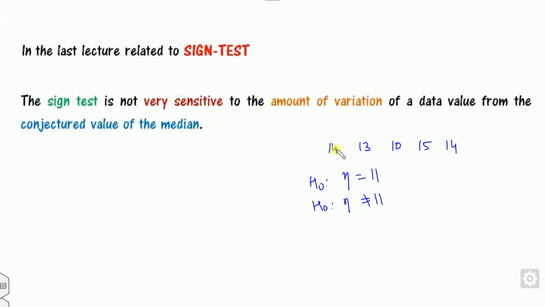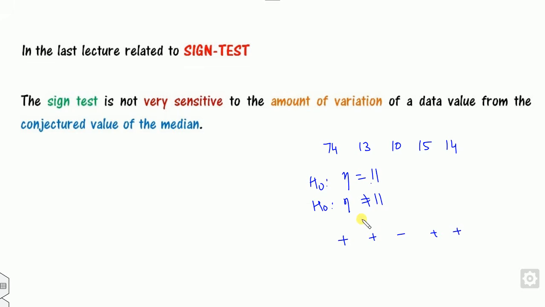You have to subtract 11 and take the positive and negative signs according to the deviations. But look, if I just replace this 14 with 74, the sign will remain the same.